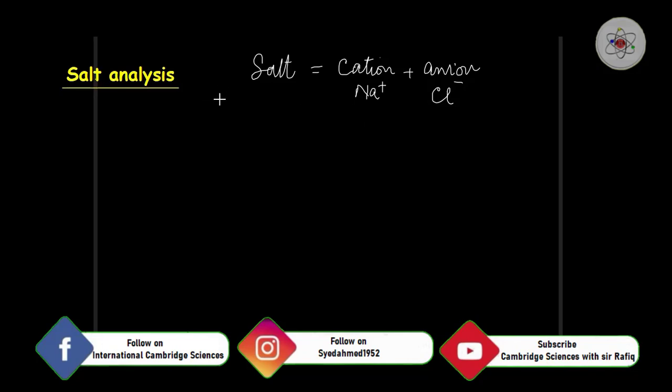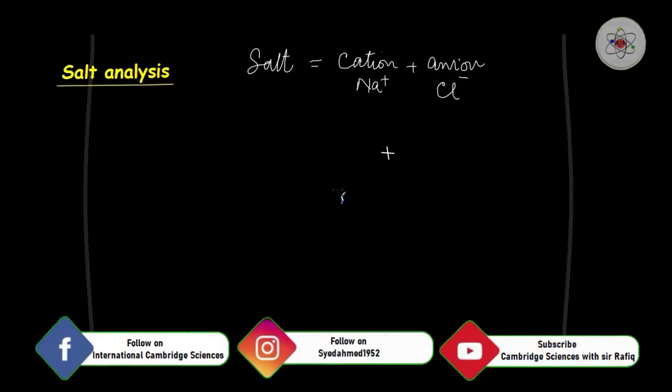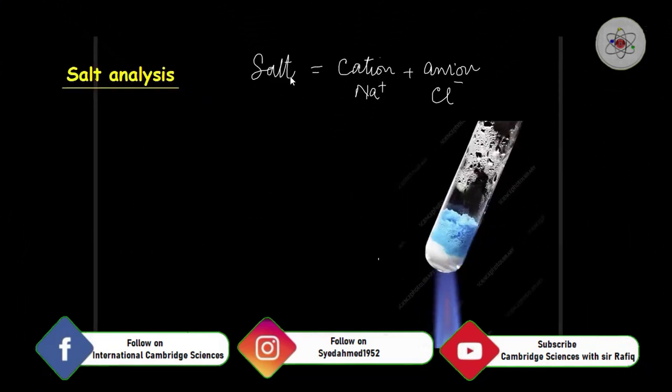Okay. So first of all, to know if the salt is hydrated. If a salt is hydrated, what we do is take the solid sample of the salt and heat it, and cover the test tube with a lid, so as not to allow the water particles, if the salt contains any, to escape.